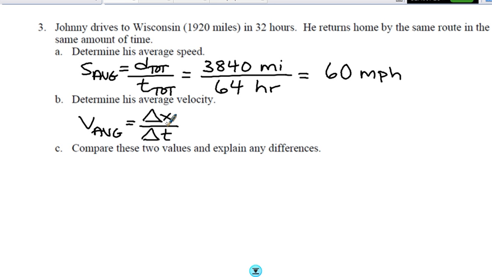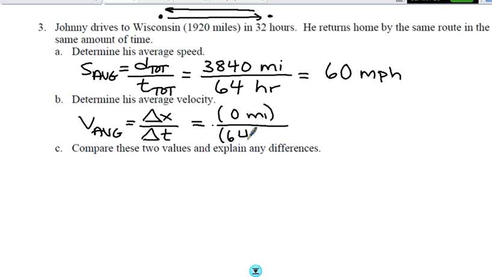So because Johnny ends up going and coming back along the same path, he returns back to the same position that he started from, the total displacement is 0. So even in that 64 hour time interval, you still get that the average velocity is 0 miles per hour.